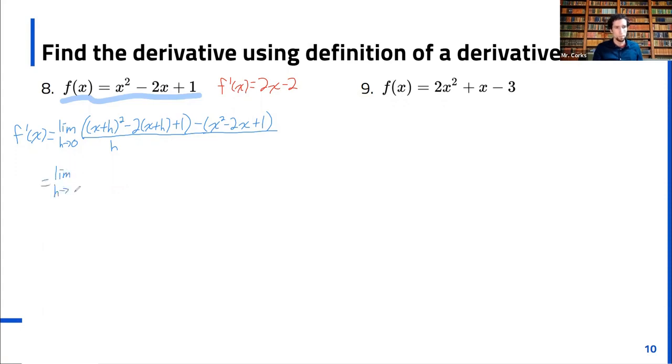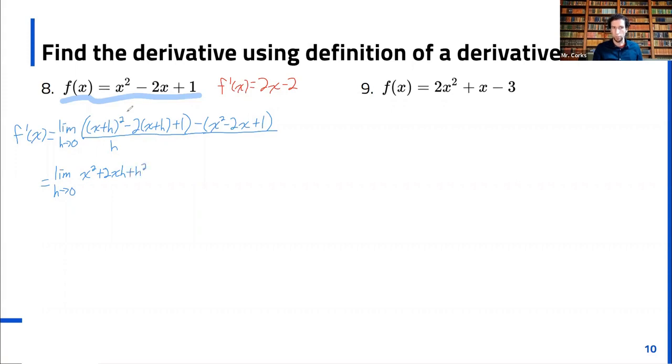Okay. So limit as h approaches 0, and let's just expand all of our brackets here, and then in the next step, we'll do the simplifying. So let's expand our brackets one by one. What's first? x squared plus 2xh plus h squared.